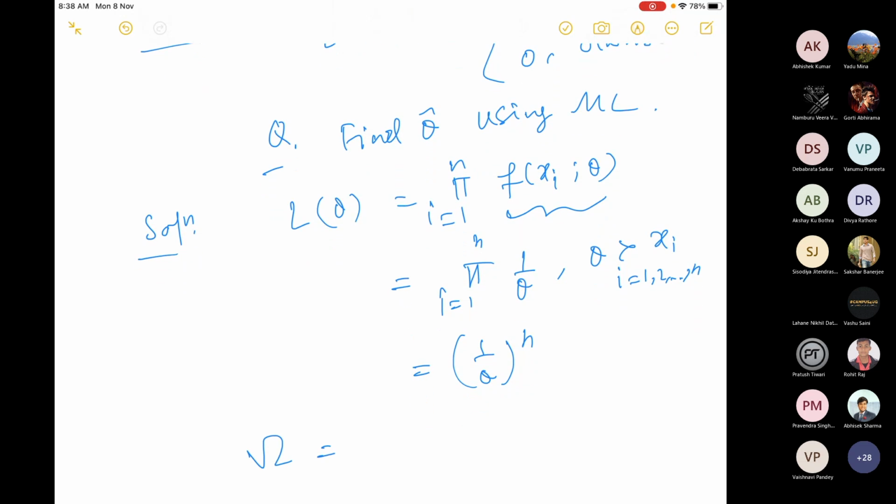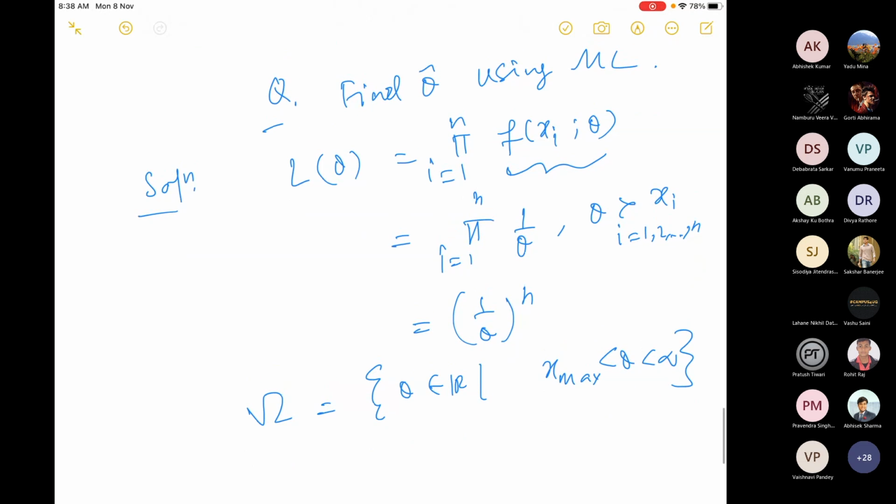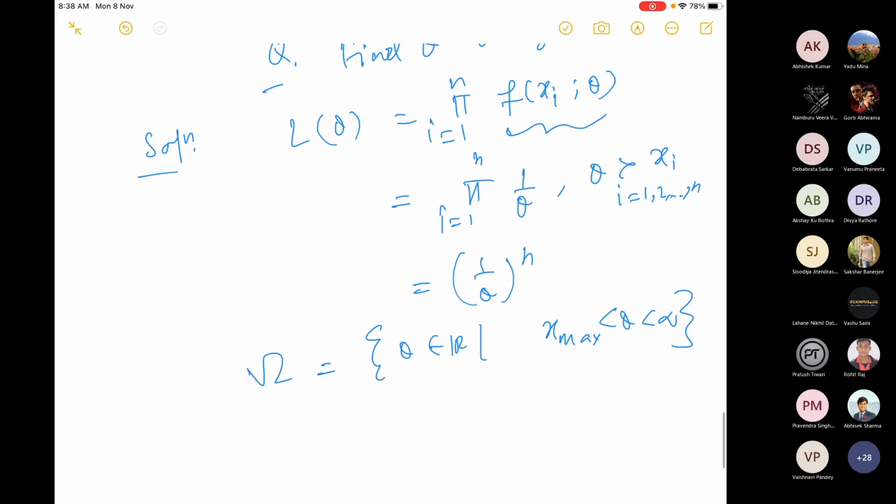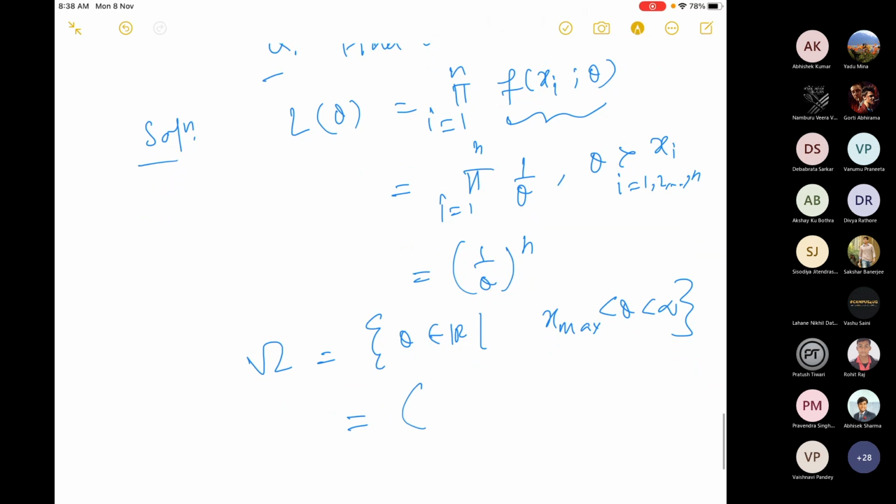It is all theta such that theta is bigger than the max of the xi, and less than infinity. Theta has to be bigger than all the xi, so it is the maximum of these. So the parameter space is from x max, the max sample data, up to infinity. You want to maximize L theta on this space.